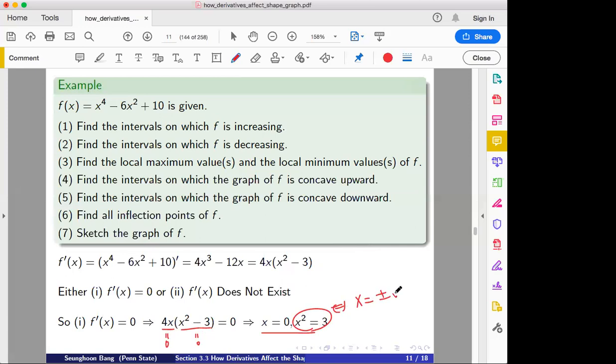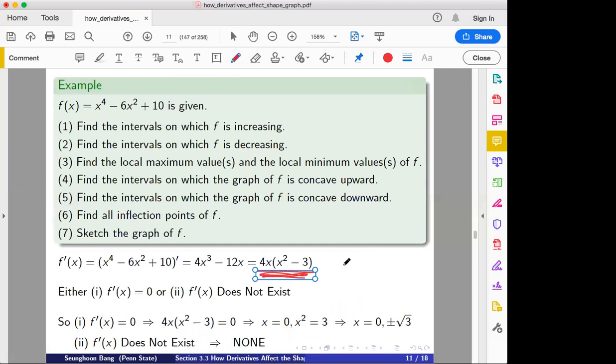Yes, plus or minus the square root of 3. So we have three x values: 0, plus root 3, and minus root 3. The first derivative does not exist nowhere, because it is always well defined. So you have to plot this. How can you plot it? Like this.